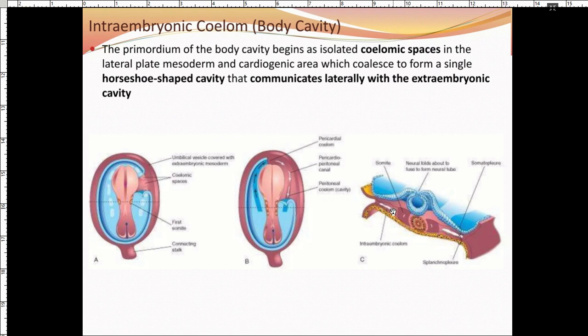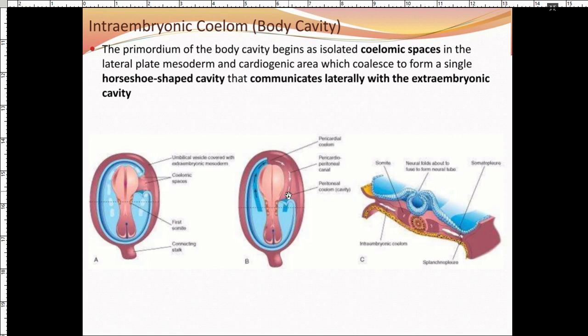They will start to be small, and then they're going to coalesce and join, and then divide this lateral plate mesoderm into two. So the primordium of the body cavity begins as an isolated coelomic space. You can see this is going to be horseshoe shaped if you look at it at this plane, right?